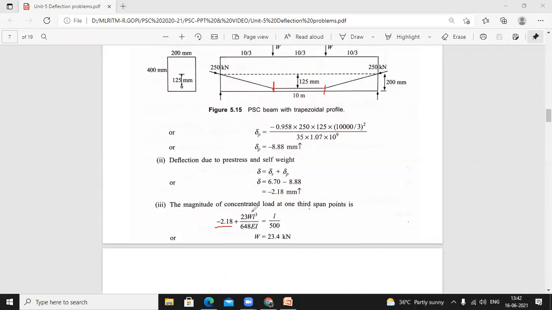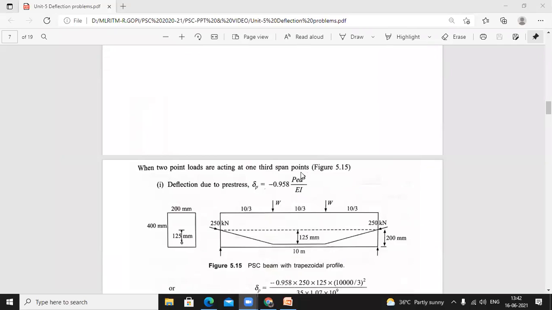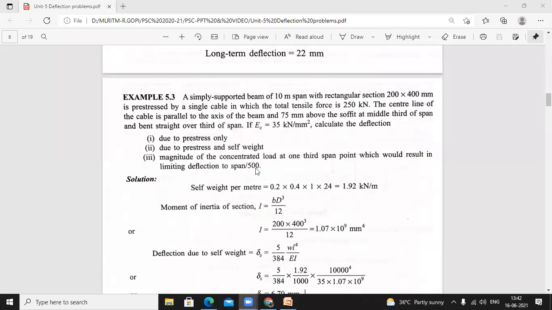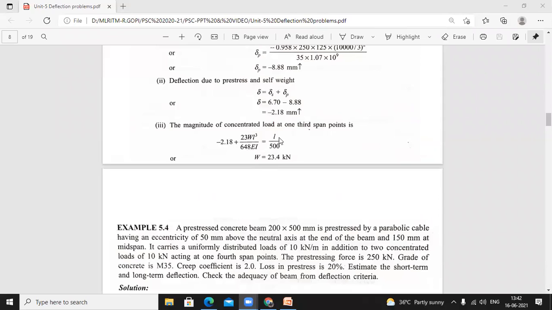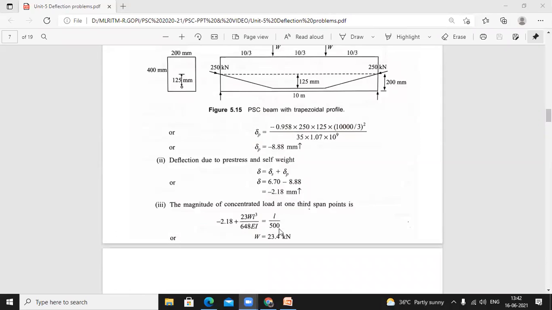Here W is the only unknown. We know L, E and I, and this is equal to L by 500. You can see the question they gave: the limiting deflection should be span by 500. Here span is 10,000 divided by 500.